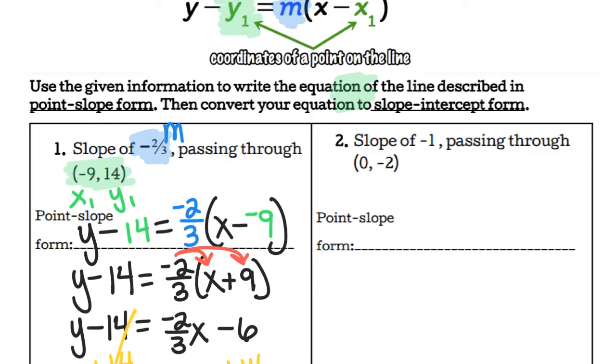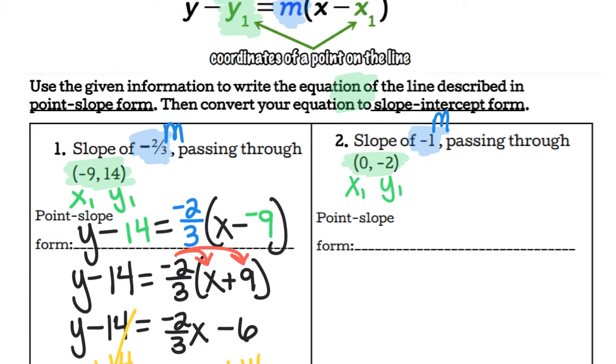Now we do have another example here that we're going to start off with point slope form. So notice they have a slope of -1 that they're giving to me. So that's our m. And then they are telling us that our line is passing through the point 0, -2. So that is going to be our x1 and y1 coordinates.